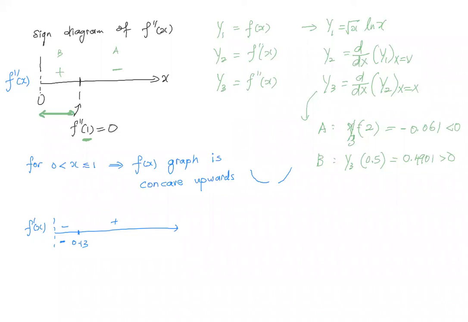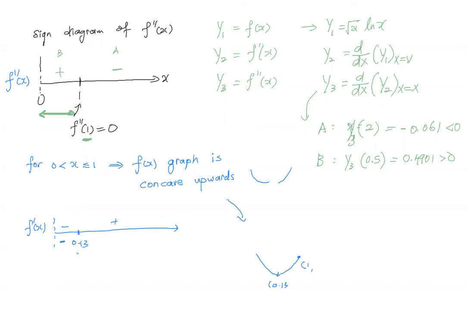Okay, so that means from here this one is going up. So you see, it is concave. So my graph will have a turning point here. So my f(x) graph turns here at x equal to 0.13, continues concave upward until this point x equal to 1.